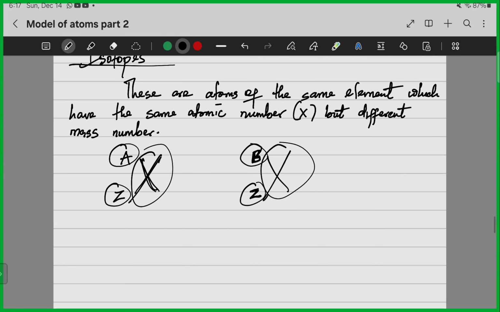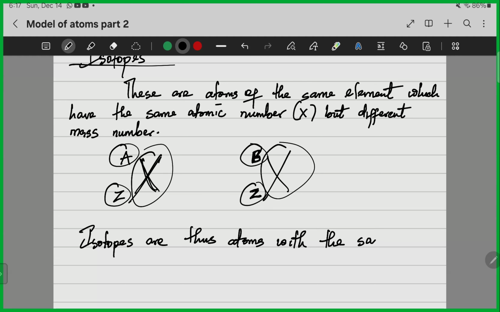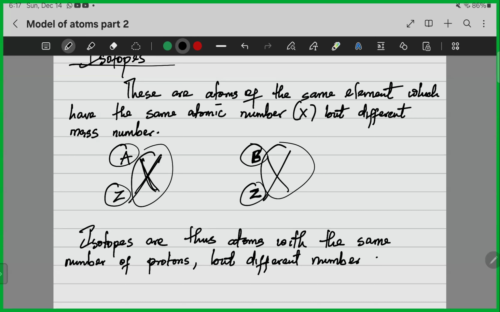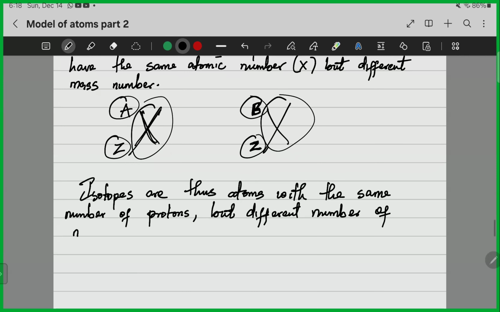So let me write it first, that isotopes are those atoms with the same number of protons but different number of neutrons.